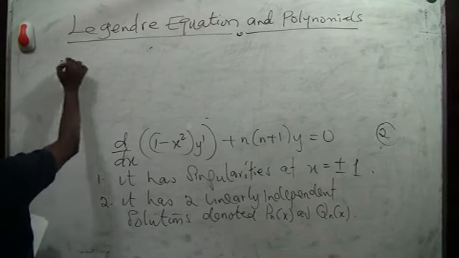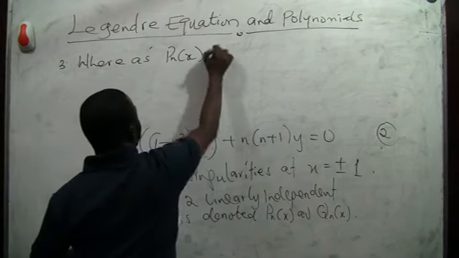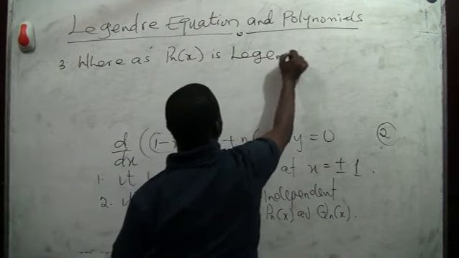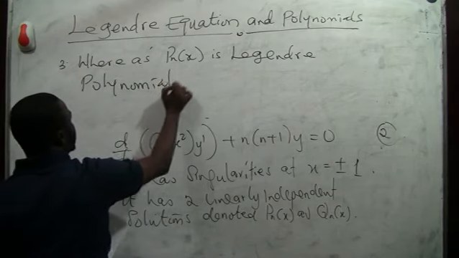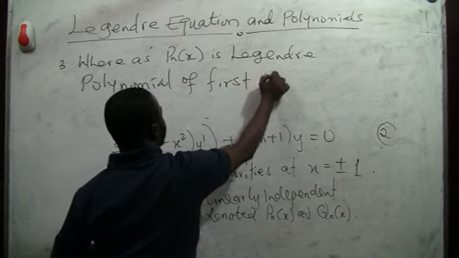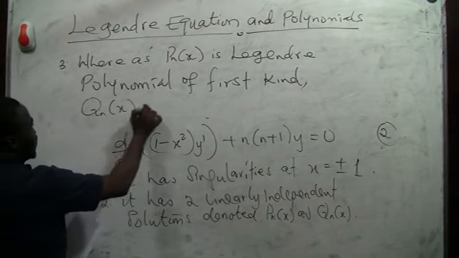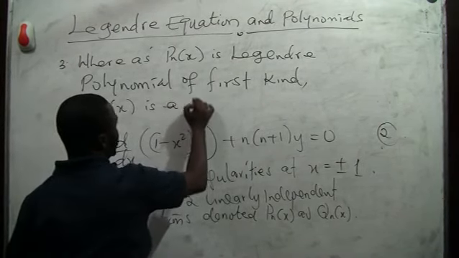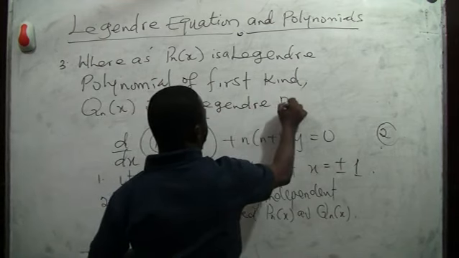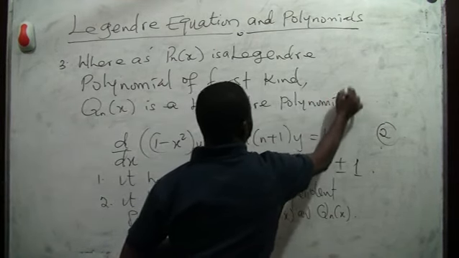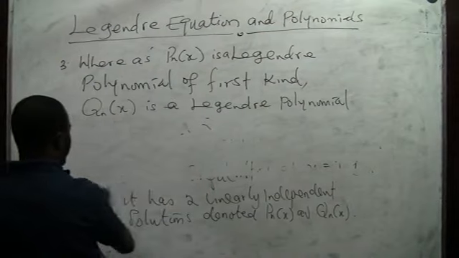Number 3, whereas Pn of x is the Legendre polynomial of the first kind, Qn of x is the Legendre polynomial of the second kind.